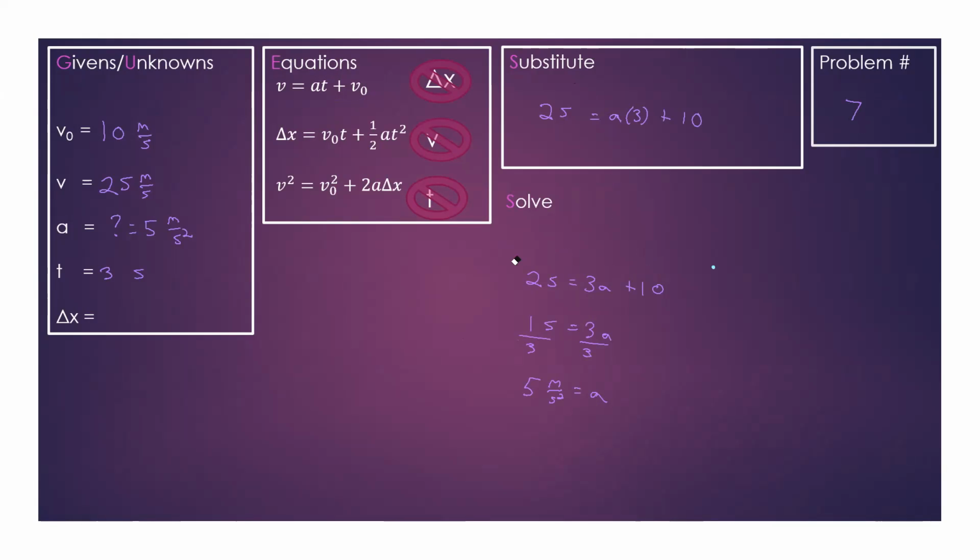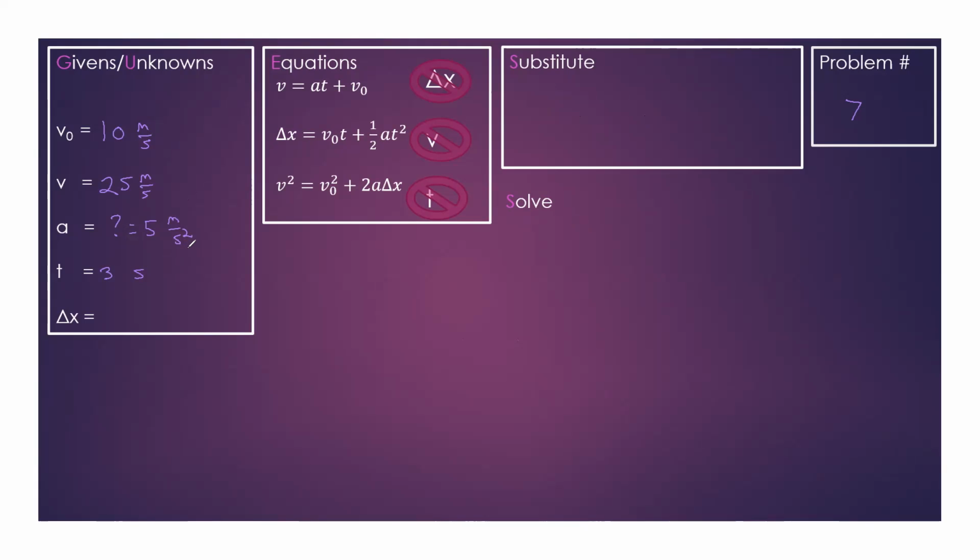So we start with all the same variables because it now says what is the displacement. Well, in all of these equations, you have v naught and a. You must have v naught and a to solve any of these problems. So we needed to do problem 6 before you could do problem 7.